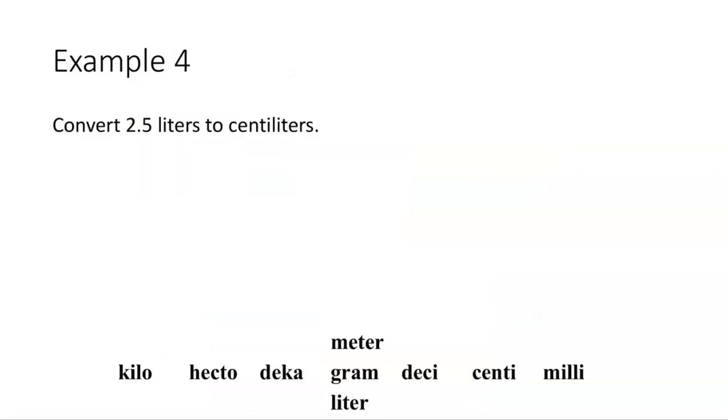So if I want to go from liters to centiliters, I start there in the middle, and I go 2 places to the right. So I start with 2.5 and go 2 places to the right. That ends up with 250 centiliters.